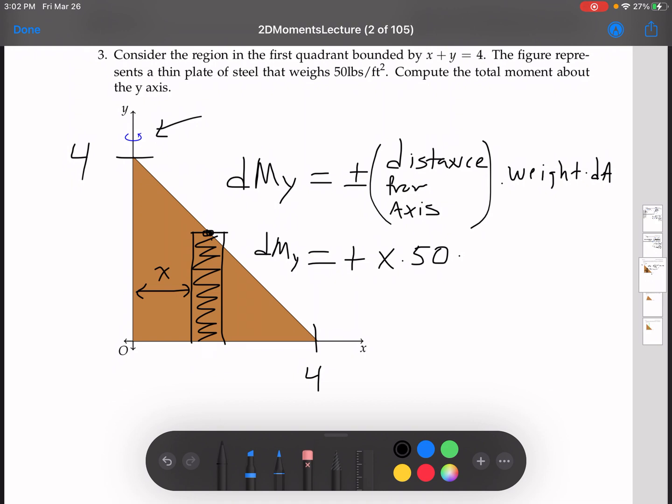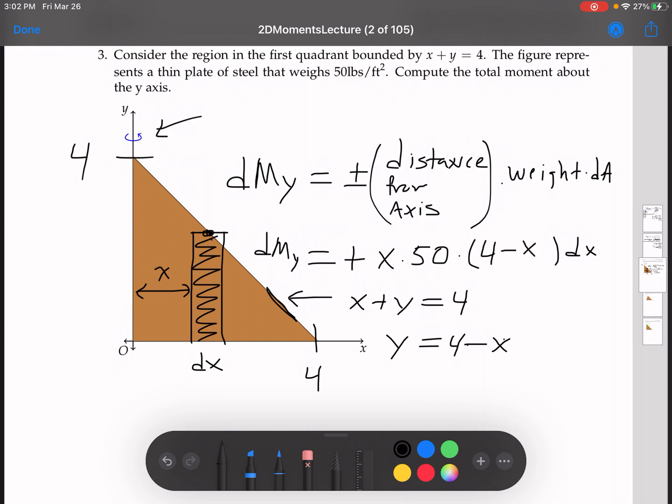All right, so remember that dx is going to be the width here, so we'll have a dx. And we just need the height. Now remember this line right here, the entire thing there, that's x plus y equals 4. So solving for y, we get 4 minus x.